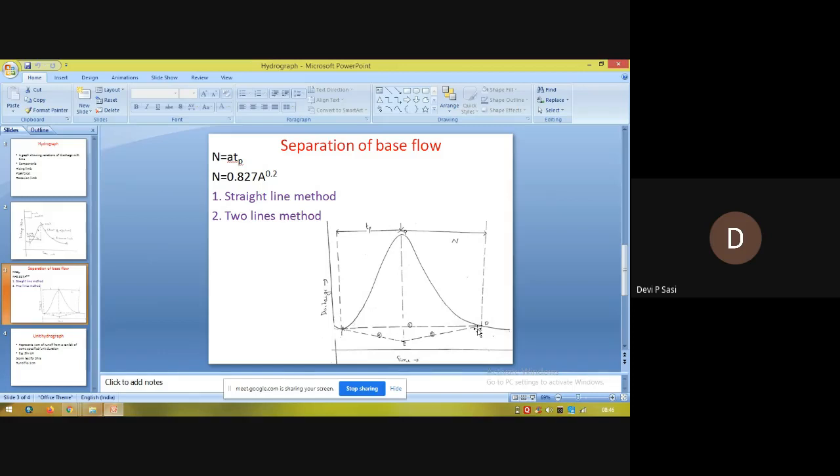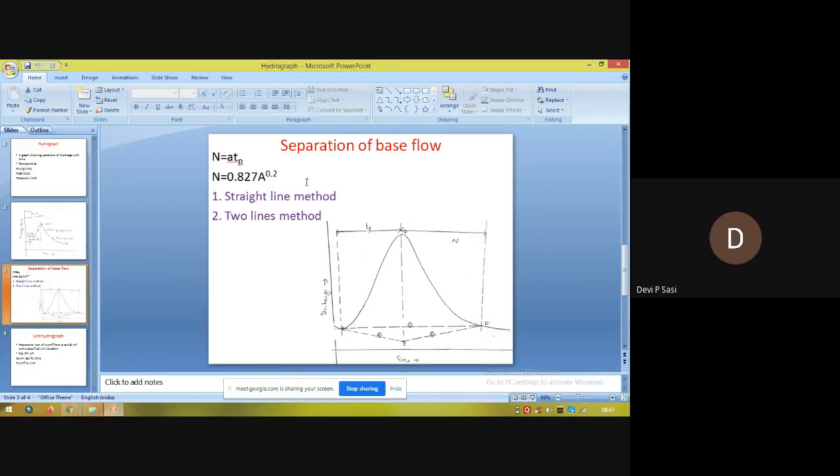So, in order to locate point D, we have to find N, and N is given by two equations. N is equal to A into Tp, where Tp is the time to peak and A is a constant. For a smaller basin, the value of A ranges between 2 to 4, and for a larger basin, the value of A is 4 or above.